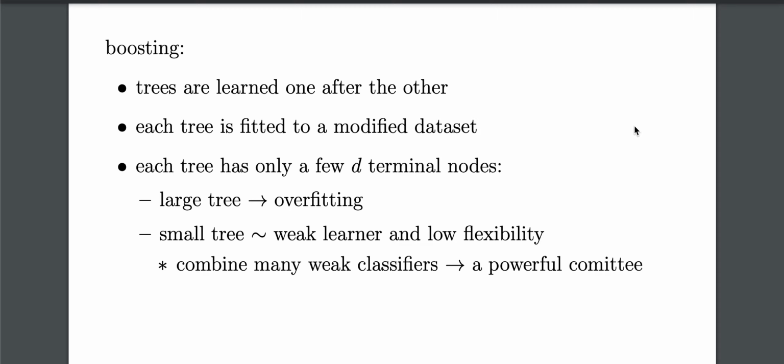So in a way, it was doing parallel fitting, whereas in boosting the trees are grown sequentially. So each tree is grown using information from previously grown trees. Okay, and boosting does not involve bootstrap sampling.